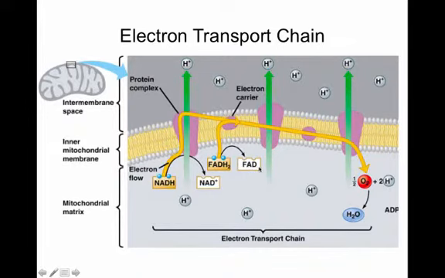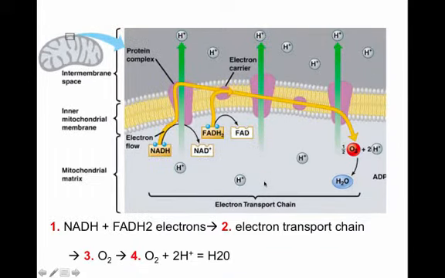All right. So let's look at this process in a little more detail with some directions here at the very bottom of the screen. Again, those electron carriers are dropping off their electrons at the electron transport chain. When the electrons come in contact with these transmembrane proteins, remember we said they're energetic.